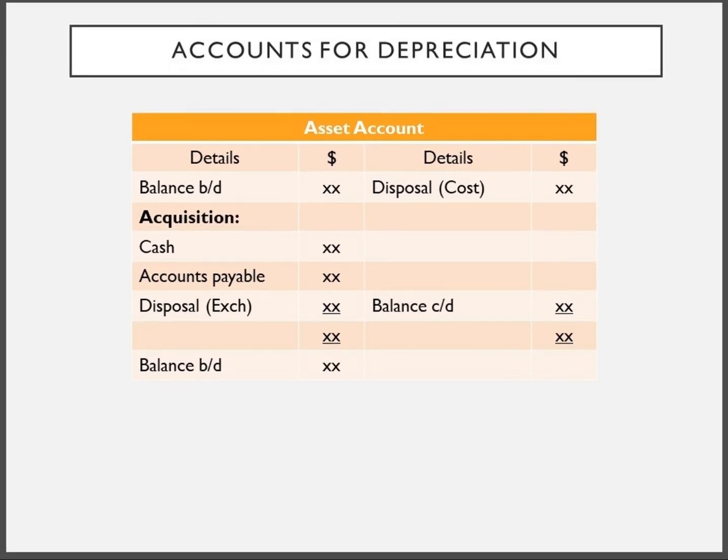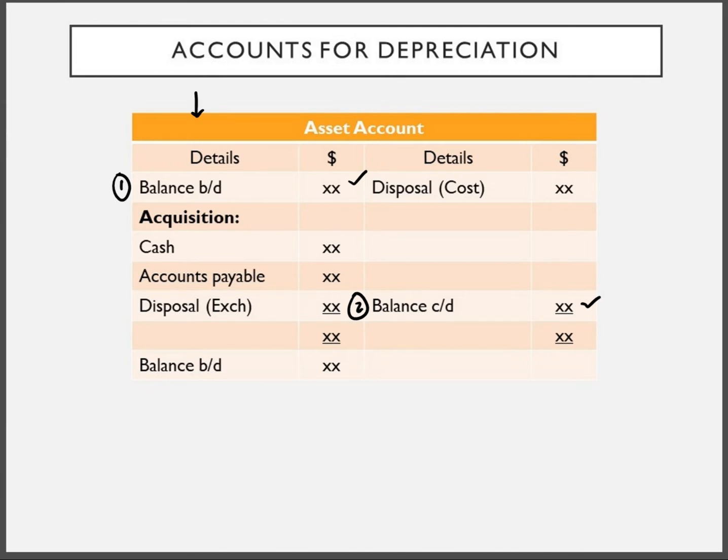As an increase in asset has a debit entry, the opening balance will be on the debit side and the closing balance will be on the credit side. Now we need to enter the items that increase the assets on the debit side.